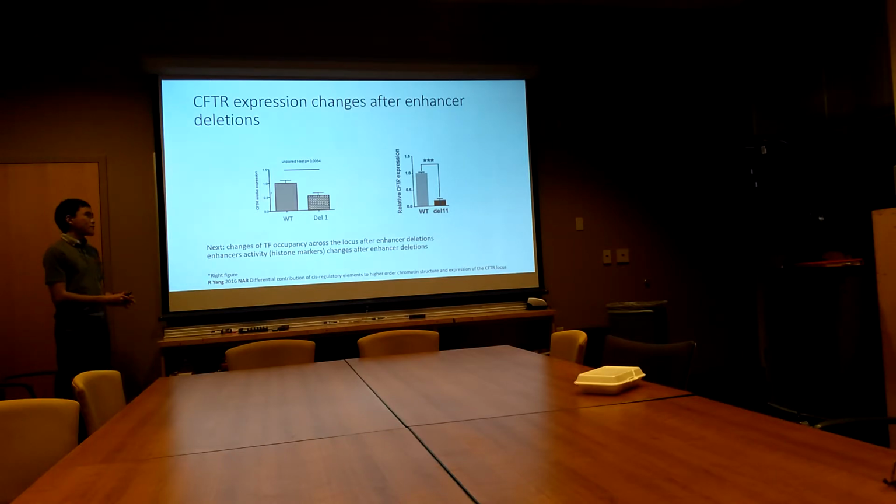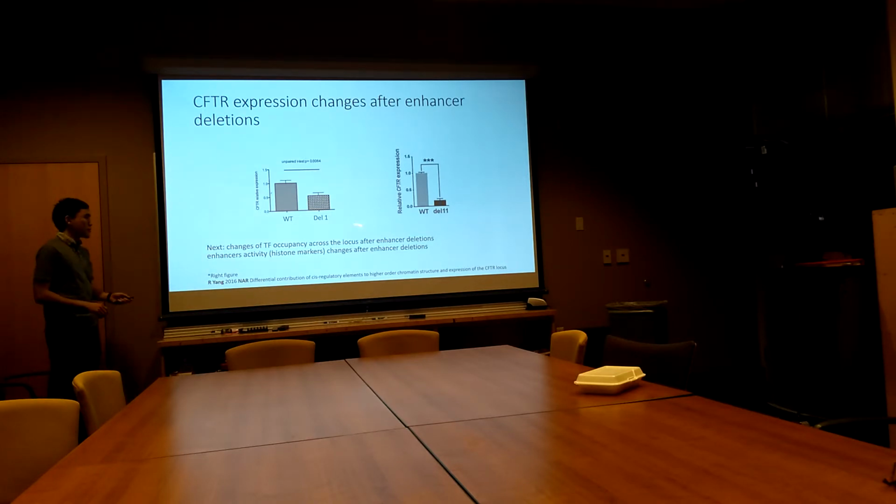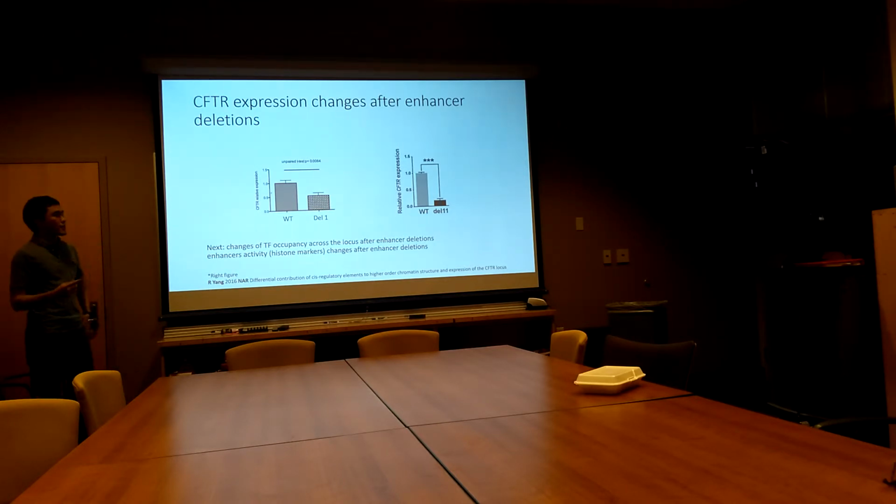So next, after obtaining this data, I will move on to deleting both enhancers together to investigate if the expression levels will drop further. And I will also be investigating if the transcription factor occupancy changes after deletion of one enhancer, if the other enhancer increases or decreases its activity, suggesting a response in compensating for the other enhancer's absence.